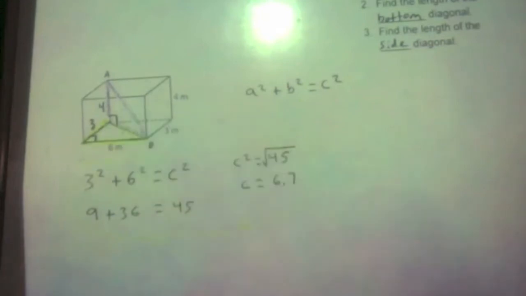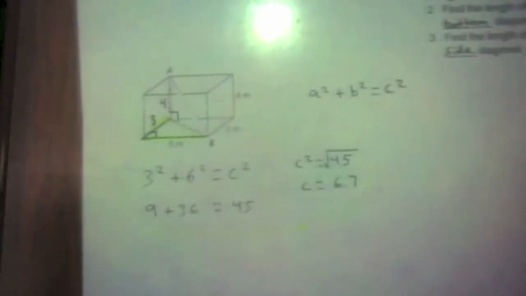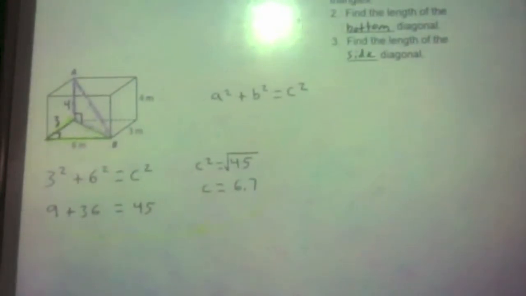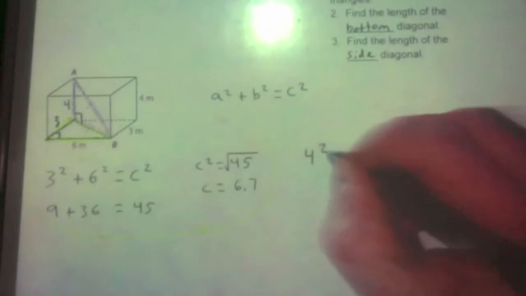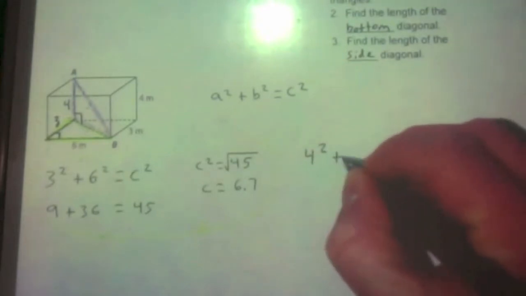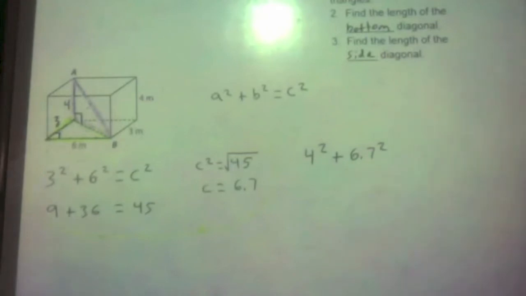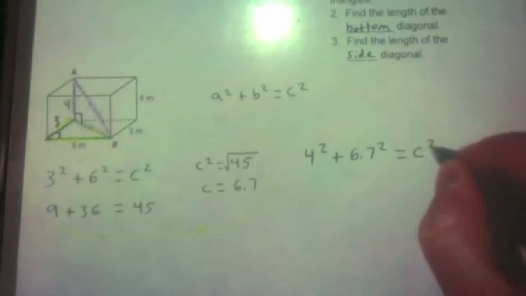So for our purple triangle, let's plug these numbers in. We are going to have 4 squared, because that's my A, plus 6.7 squared, because that's my B, and that's going to equal C squared.